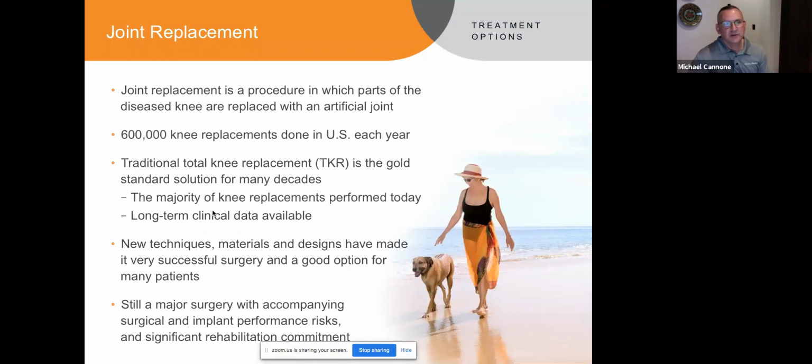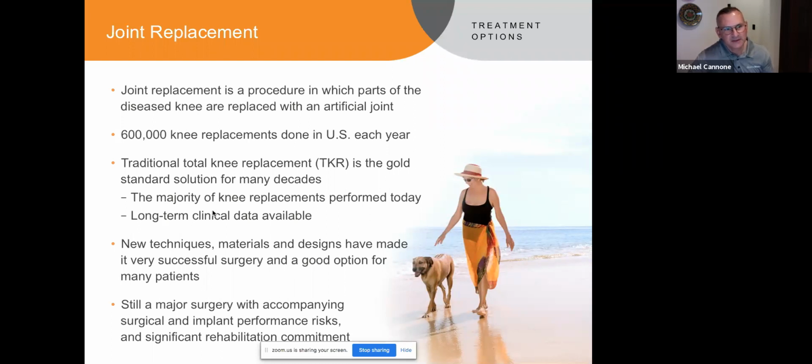When we talk about joint replacement, I mentioned it previously, we're talking about replacing the arthritic parts of the diseased knee with an artificial joint, meaning metal or plastic. In the United States, there are over 600,000 knee replacements done each year.